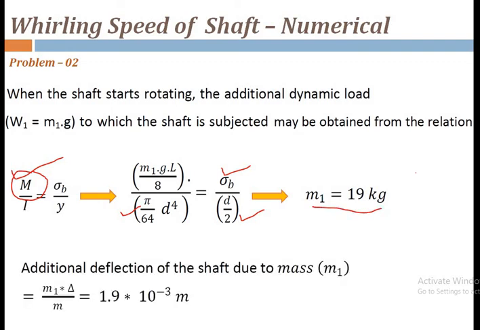Now additional deflection because of this 19 kg mass is nothing but m1 into delta by m. The delta is nothing but the deflection of the shaft because of the mass 15 kg. And finally we get additional total deflection is 1.9 × 10^-3 meter. This is nothing but the y, deflection of the shaft when shaft is running with certain speed.